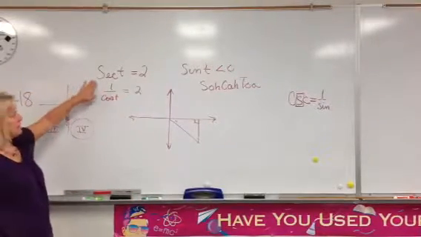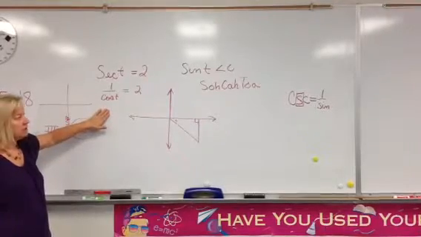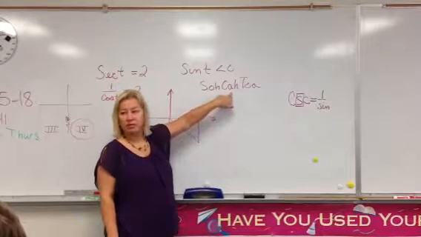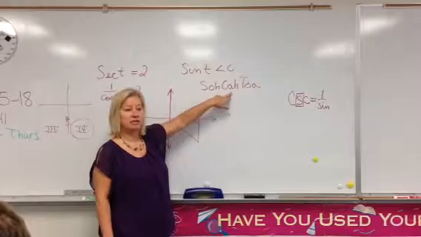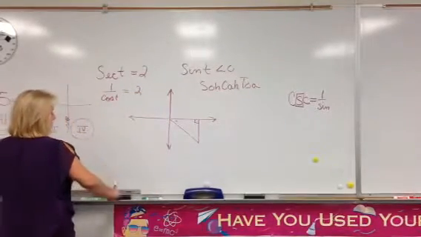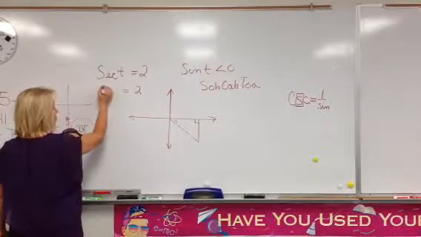So remember, secant is the cosine flipped over. So instead of using adjacent over hypotenuse, what am I going to use? Hypotenuse over adjacent. So we know that hypotenuse over adjacent equals 2 over 1.